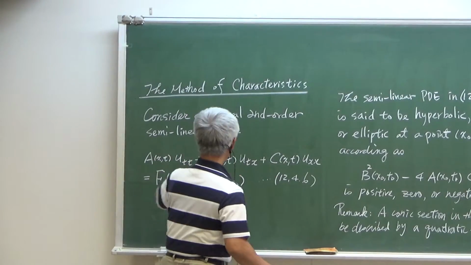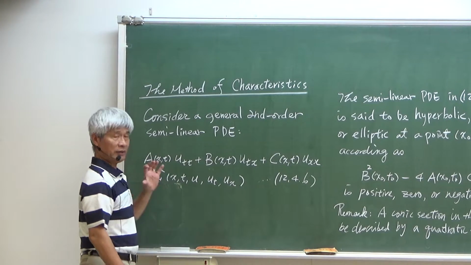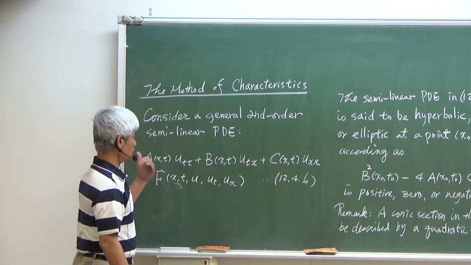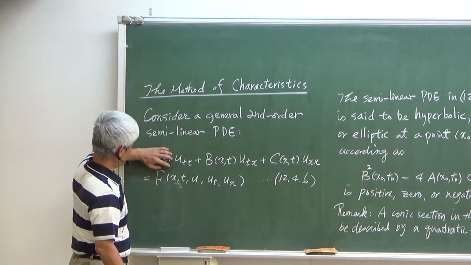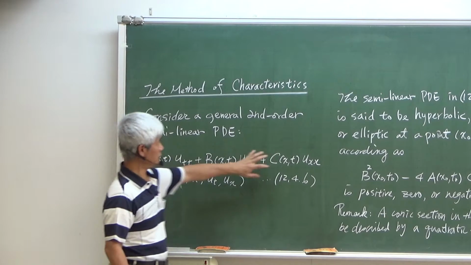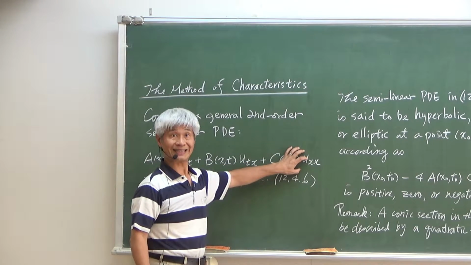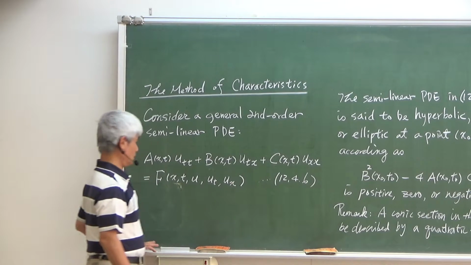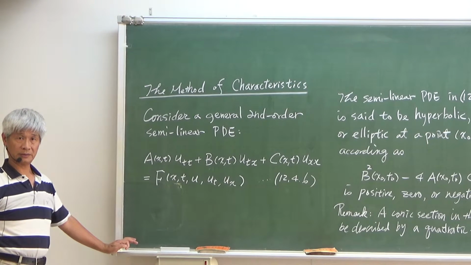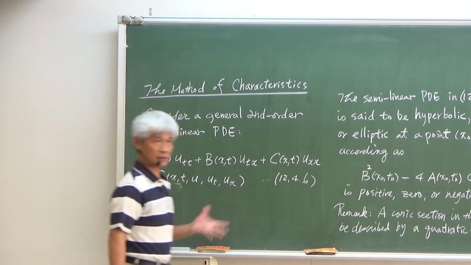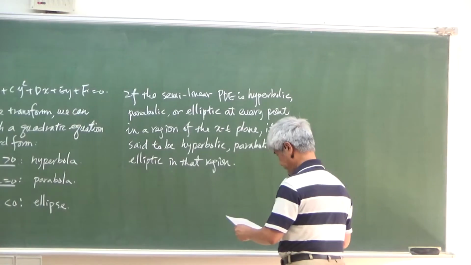So our purpose is: can we find the coordinate transformation such that the coefficient of this term and the coefficient of this term become zero, just like d'Alembert's solution? So this is our goal.